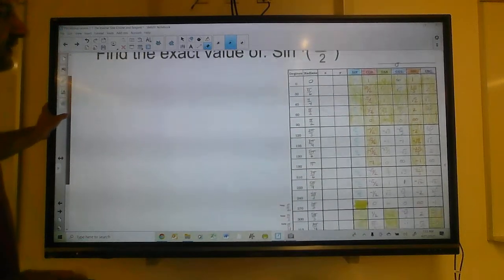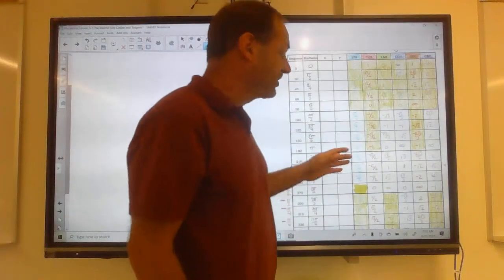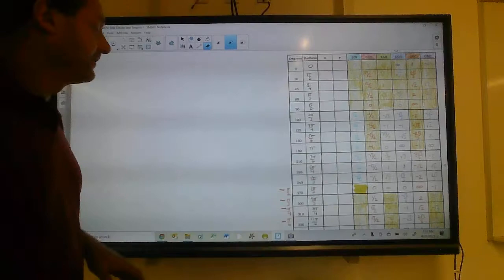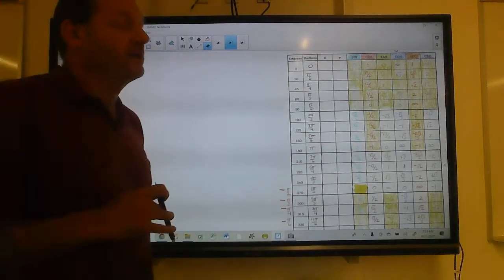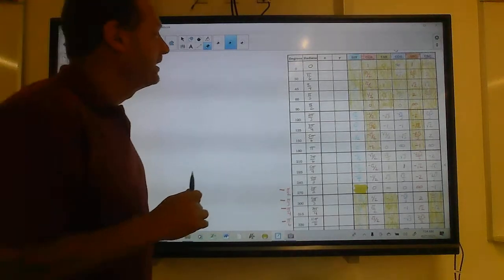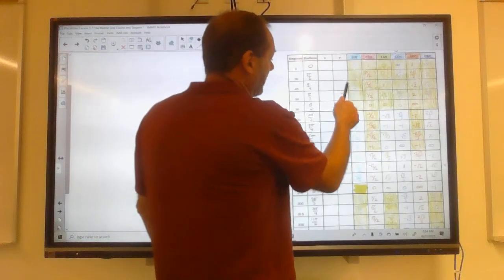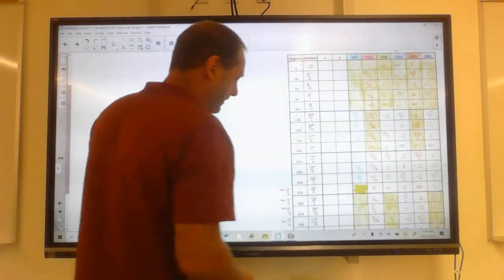So what does that mean? Here I have my trig chart, and you'll notice that some of the areas are shaded and some are not. The shaded area is where you can take an inverse. For sine, I can take an inverse in the first quadrant and in the fourth quadrant.